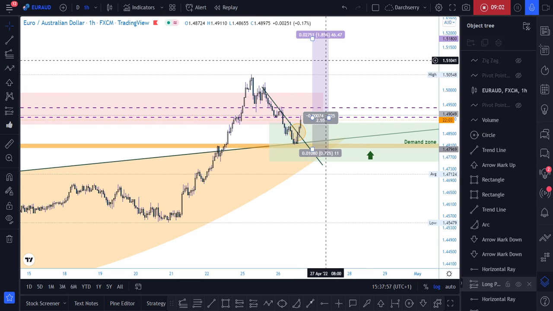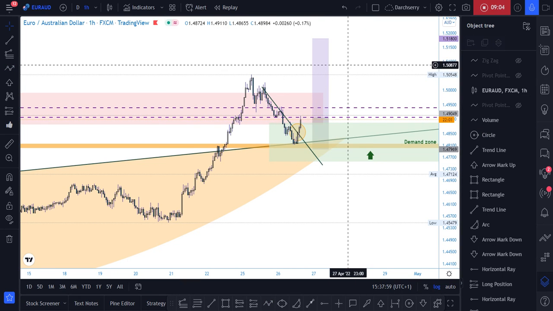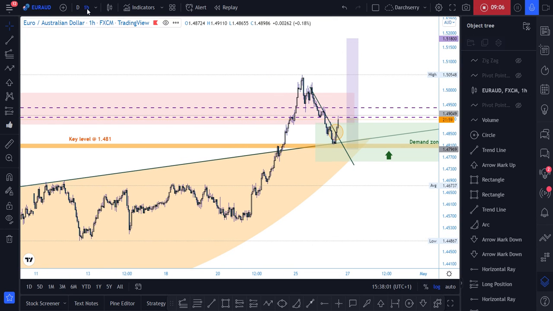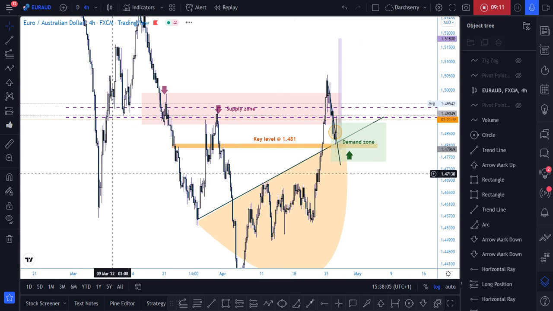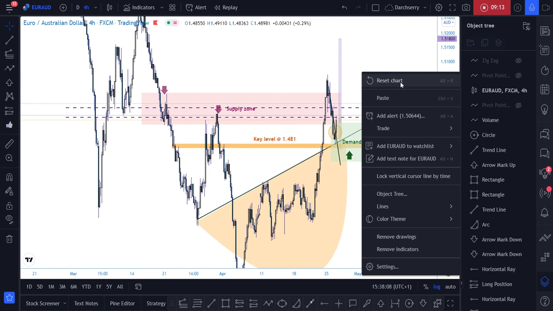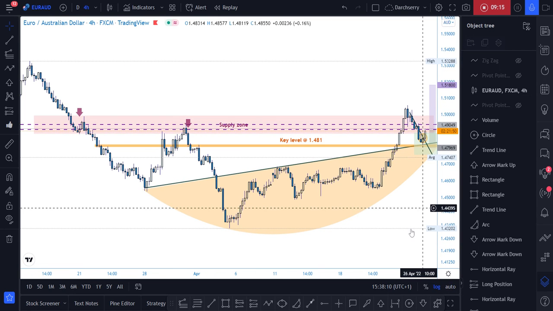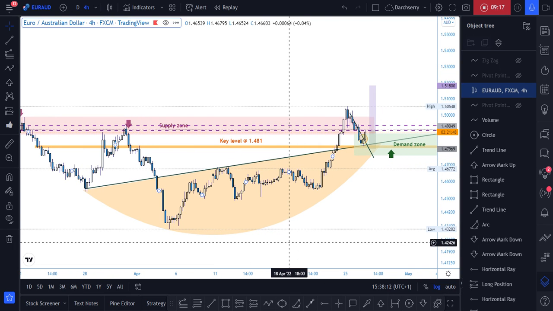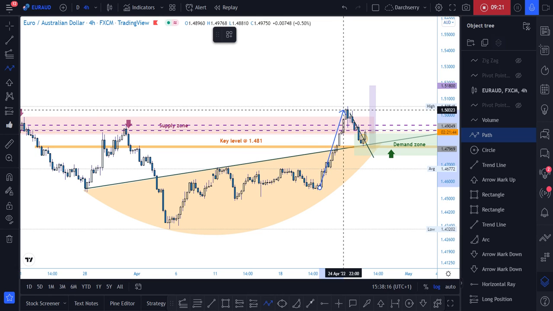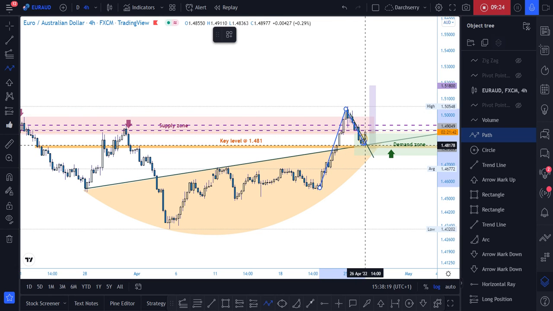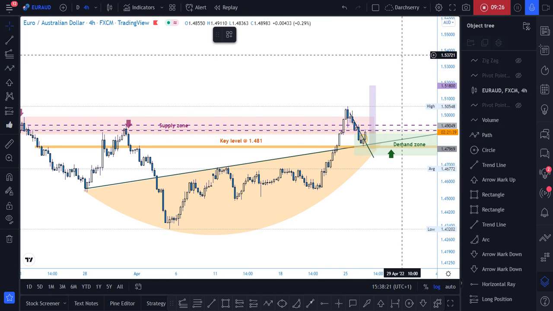So with this said, I have a take profit target at 1.518 right now, which is around 270 pips take profit. And why is that so? If you move to the higher time frame, we have an impulse leg here, a correction, a retracement, and then we're expecting price to move further up.